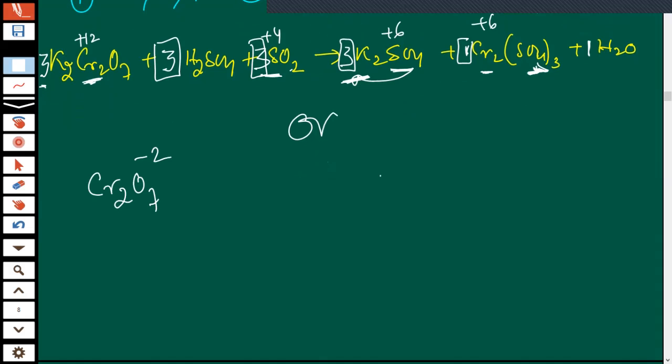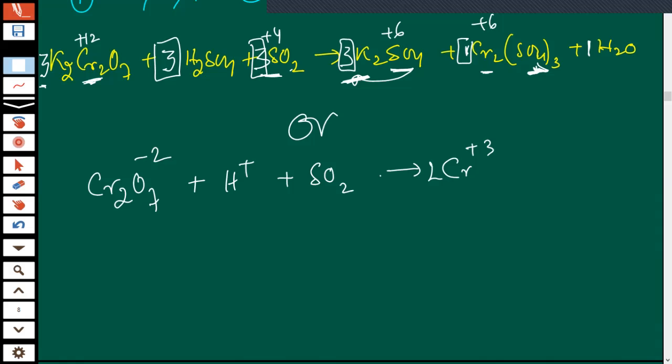O7 2-, plus H+, sulfur dioxide gives you Cr3+.